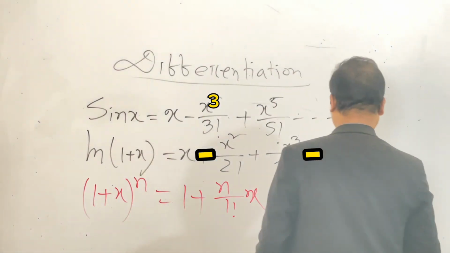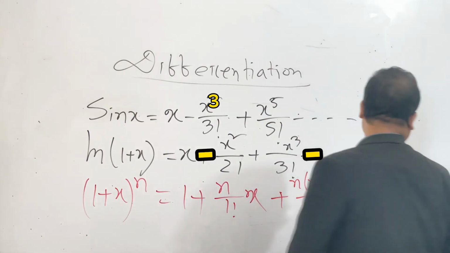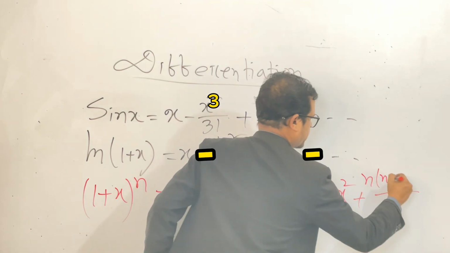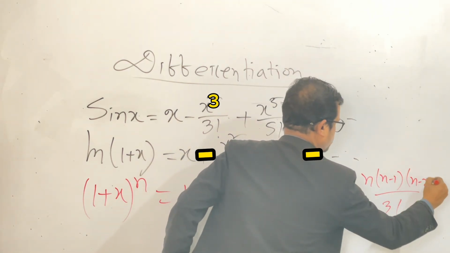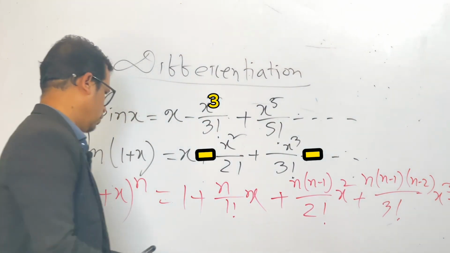And if we write 3 factorial, you have to write n, n minus 1, n minus 2, and this way the expansion will go forward.